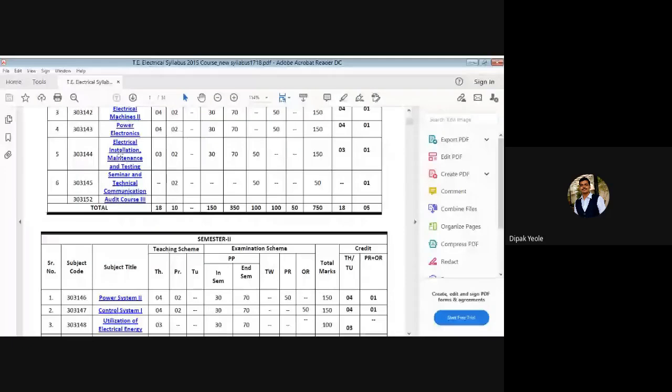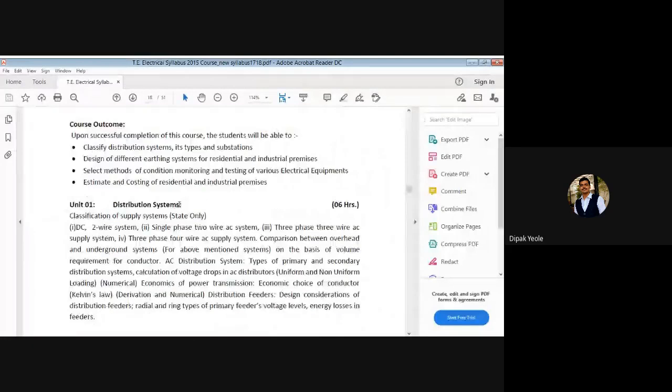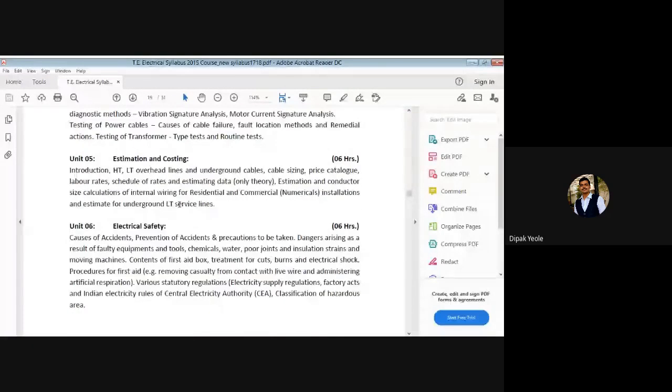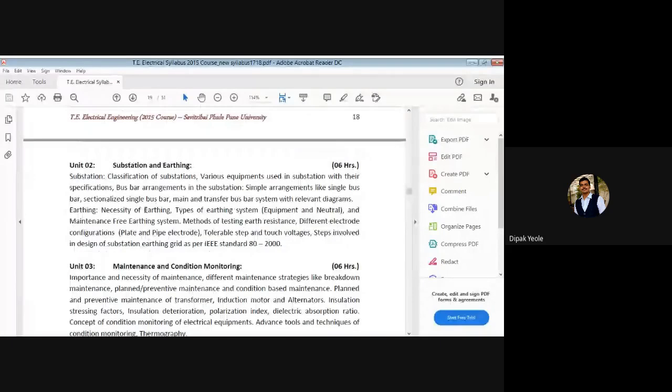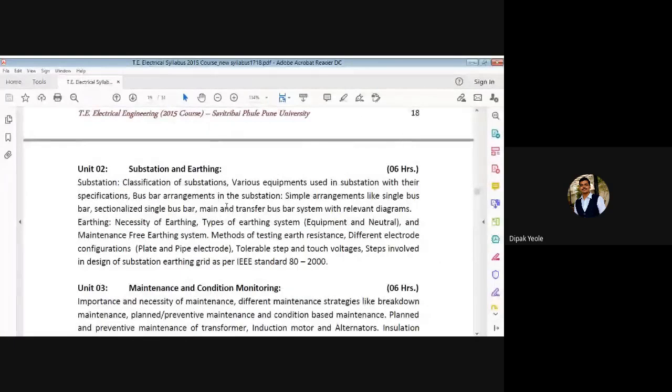Yes. So this is your syllabus copy of electrical installation maintenance and testing, and we have discussed this second part: necessity of earthing, types of earthing, maintenance free earthing, methods of testing earth resistance.